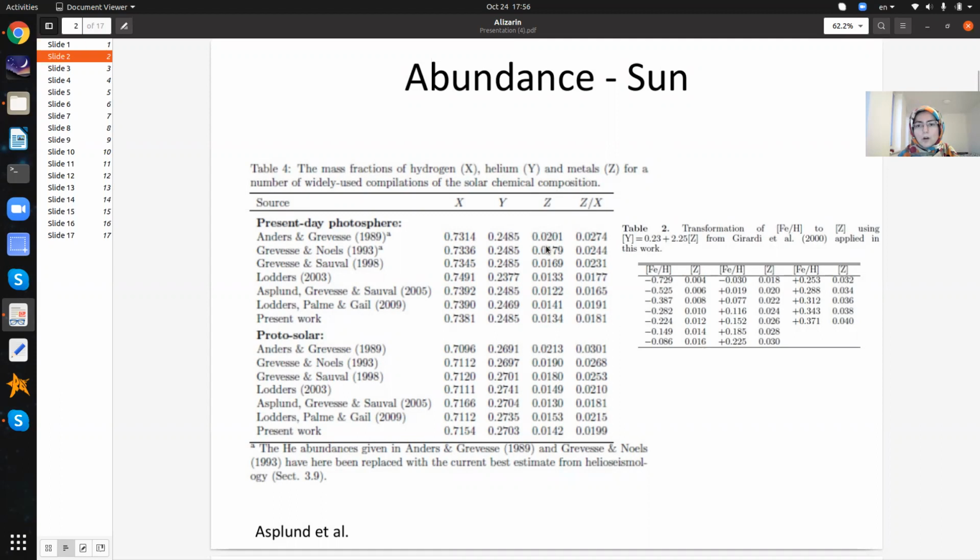And Z, for other metallicity, we have 0.02 metallicity for all other elements. You see that in the sun, we have much more hydrogen than helium and mostly other elements. And this is the ratio of other elements to hydrogen, that is 0.02.